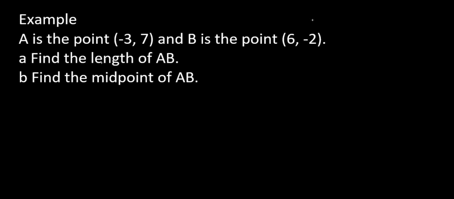Let's now move on and look at this question to solve. Example: A is the point minus 3 comma 7, and B is the point 6 comma minus 2. Find the length of AB, and find the midpoint of AB. In this case, A is equal to minus 3 and 7 as we have been given here.